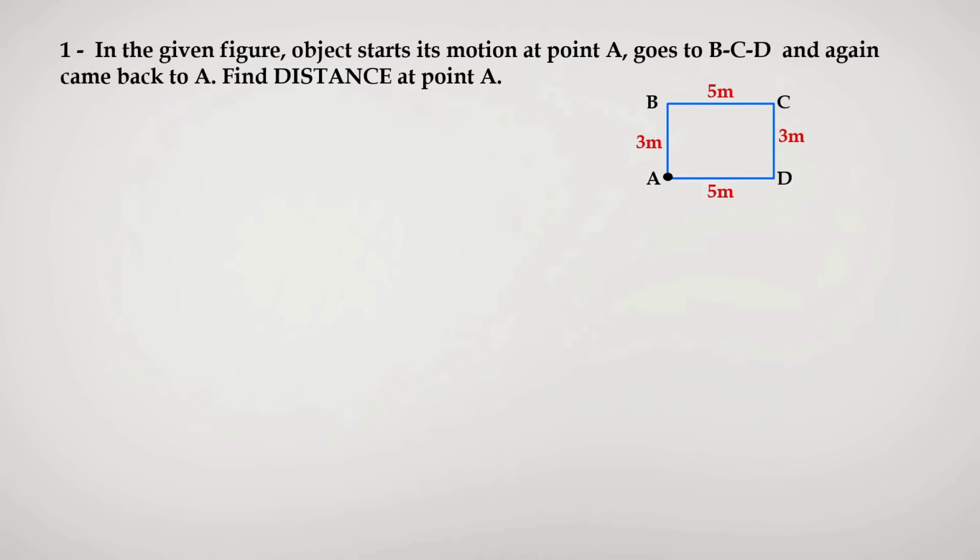B to C is equal to 5 meters. C to D is equal to 3 meters. D to A is equal to 5 meters. So, total distance is equal to 3 plus 5 plus 3 plus 5 is equal to 16 meters. Therefore, the correct answer is option B, 16 meters.